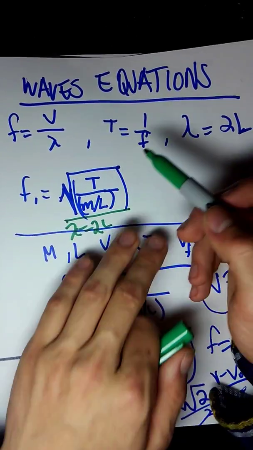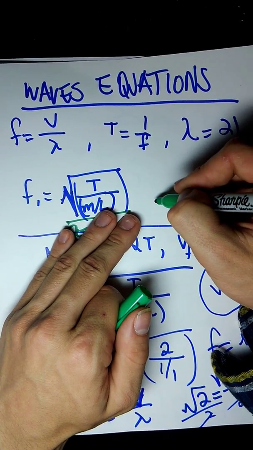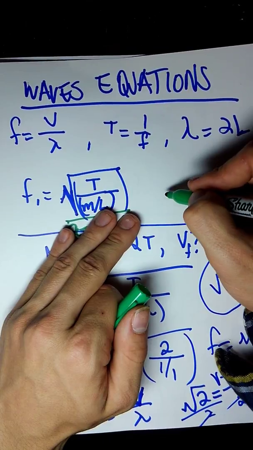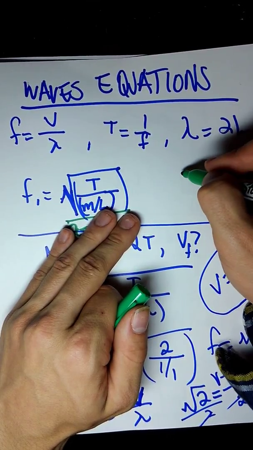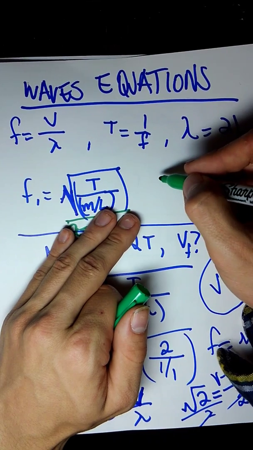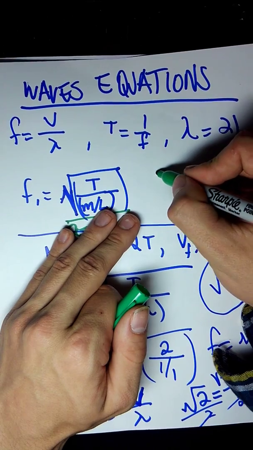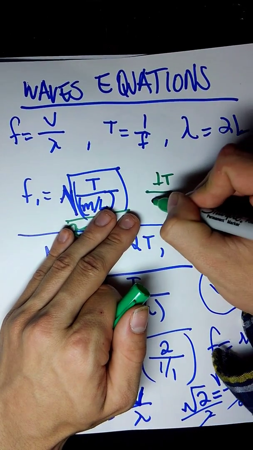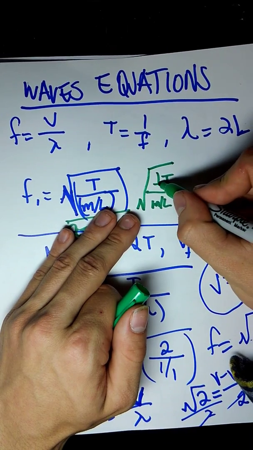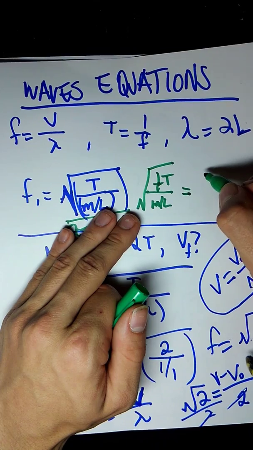But if I look just at this part, if I increase my tension, I'm increasing what's under the root bracket. So generally, if I increase tension over M over L, my density, what's going to happen to frequency?